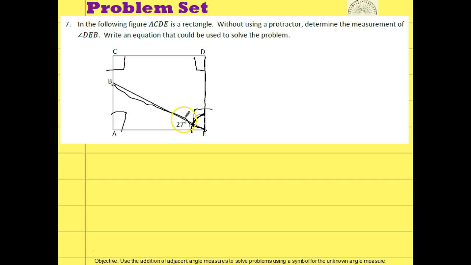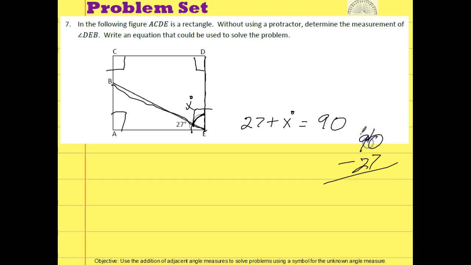So we know that 27, we'll just call this x, 27 plus x degrees is going to equal 90. So 90 minus 27, regroup, x is going to equal 63 degrees.